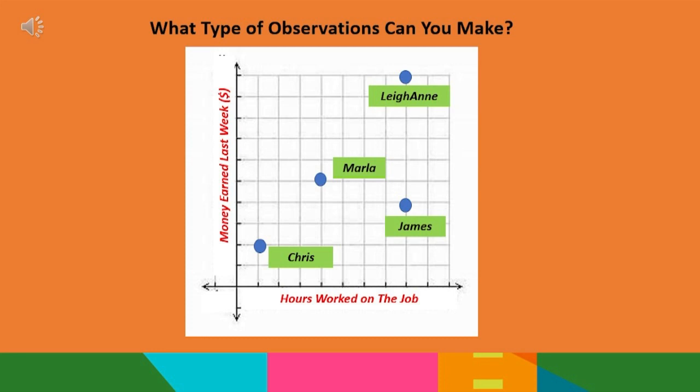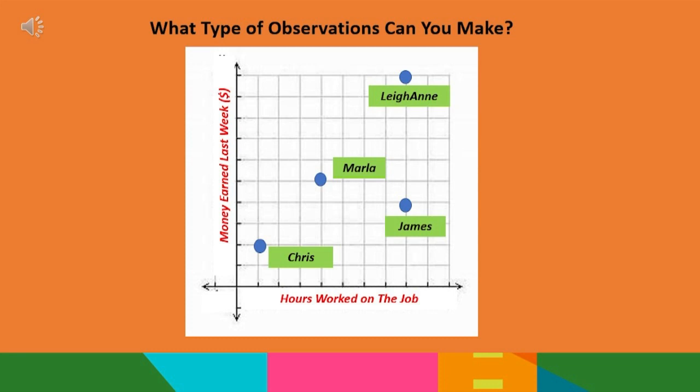Marla is further from the origin as it relates to the x-axis, and she's also higher above the x-axis than Chris is. And so the observation between Chris and Marla is that Marla must have worked more hours on the job and earned a little more money than Chris because her dot is further above the x-axis.